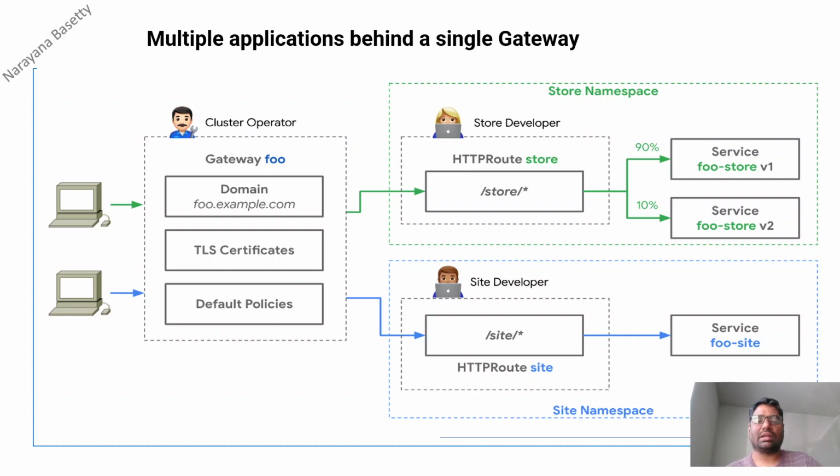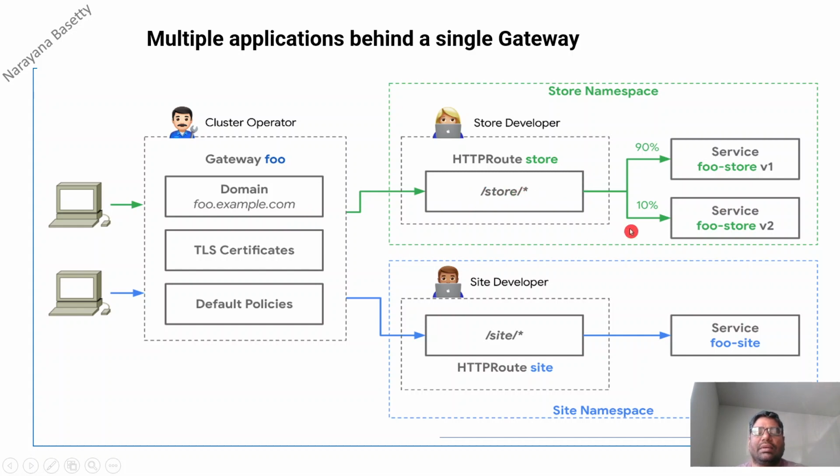You can see there are two namespaces in this exercise: store namespace, site namespace. That means this is one of the Kubernetes applications hosted. This is another Kubernetes application hosted. Now, who is building this? Store developer. So this is how the HTTP route works, they are saying that anything coming from the domain foo.example.com/store followed by anything, let the request be dispatched to this namespace.